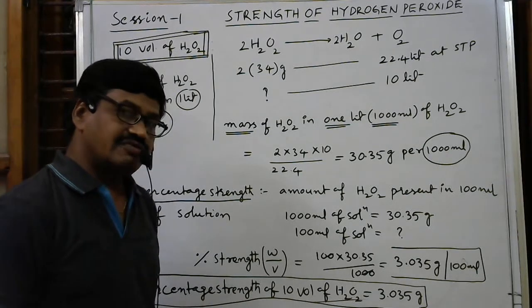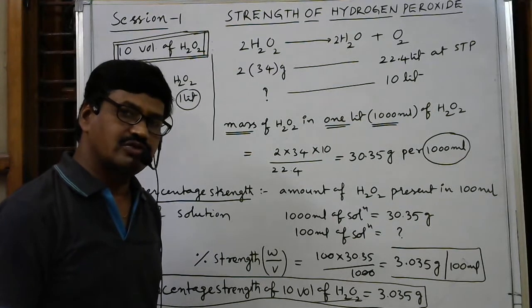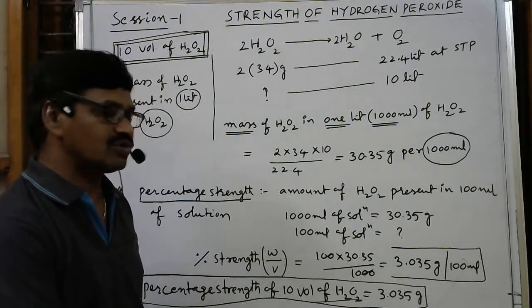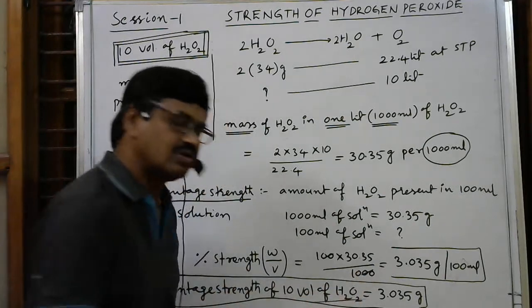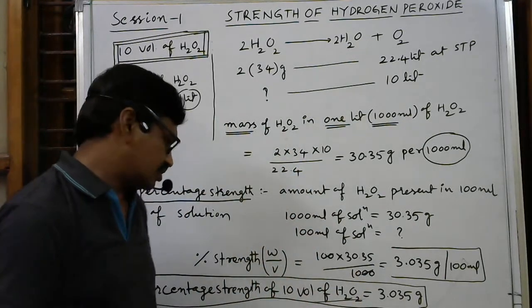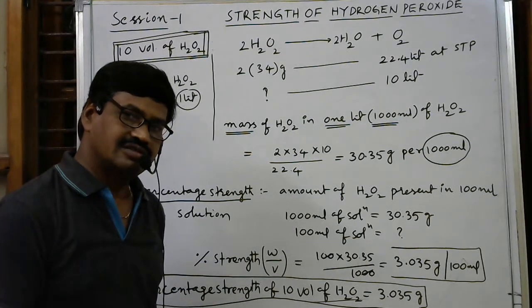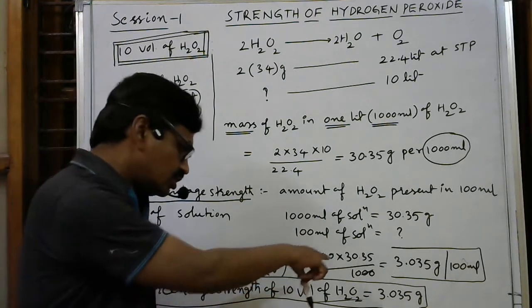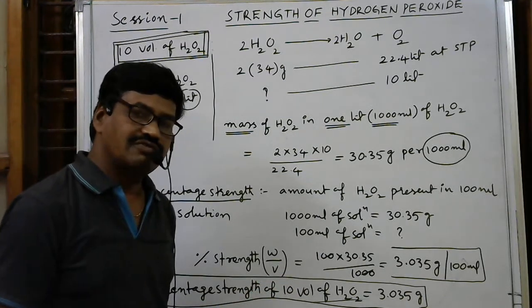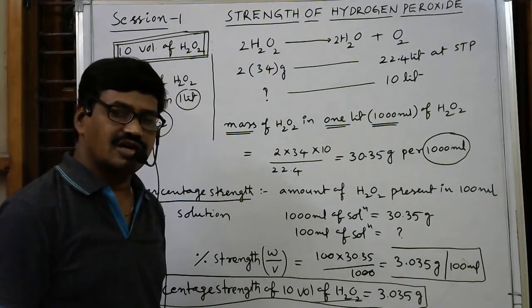If they ask for 20 volumes, what is the percentage strength of 20 volumes of hydrogen peroxide? Again, cross multiplication. 10 volumes equal 3.035, so 20 volumes equal 20 into 3.035 by 10, which is 2 into 3.035, approximately 6 grams.